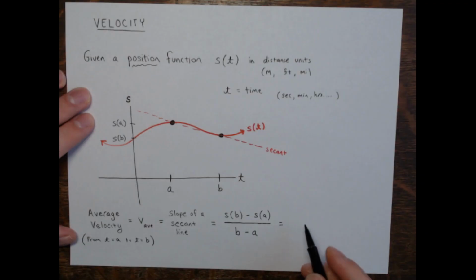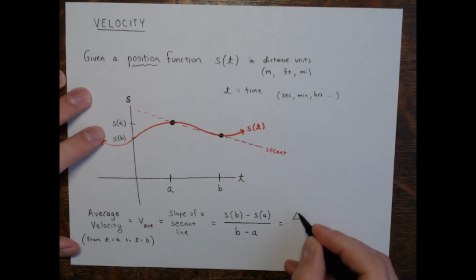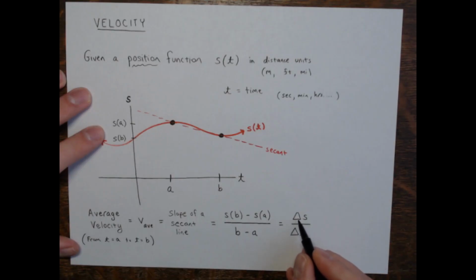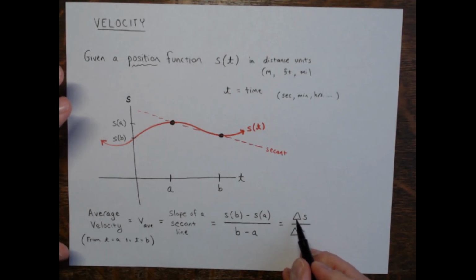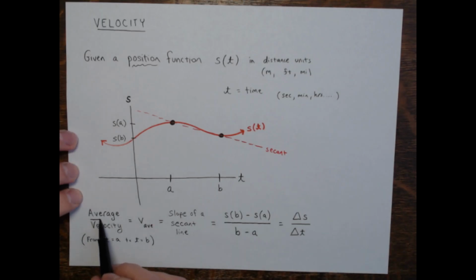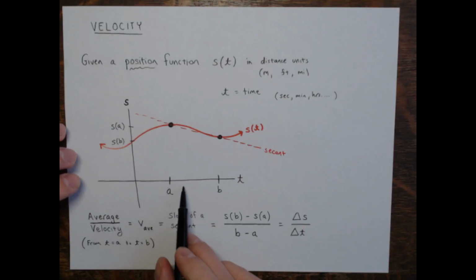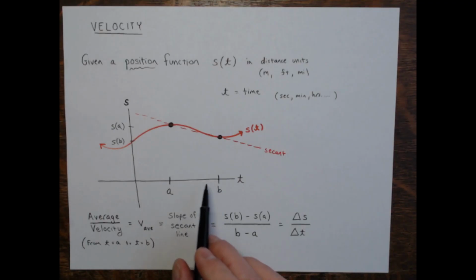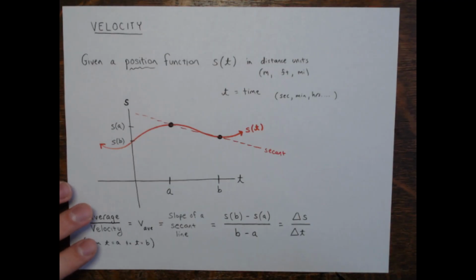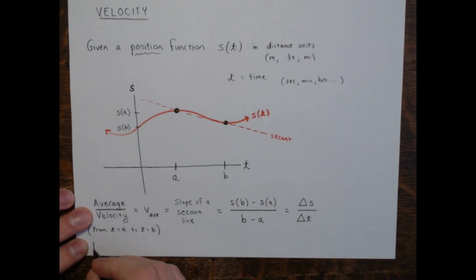Now you might also see this represented as delta S over delta T. Remember, delta means change in, so change in position over change in time. So that's average velocity over some change in time on the time axis. Instantaneous velocity is different.